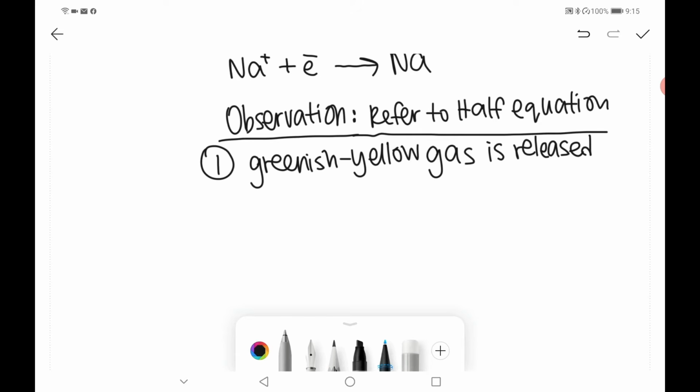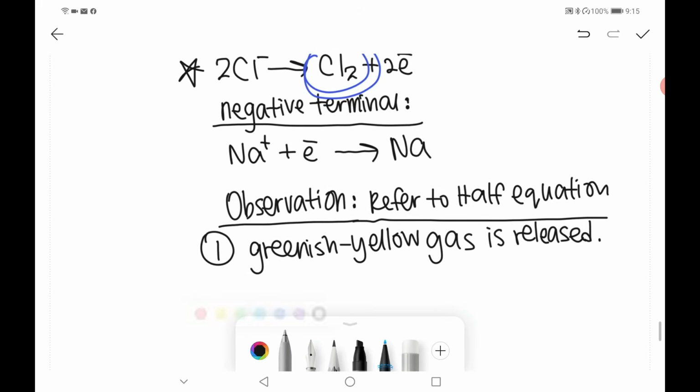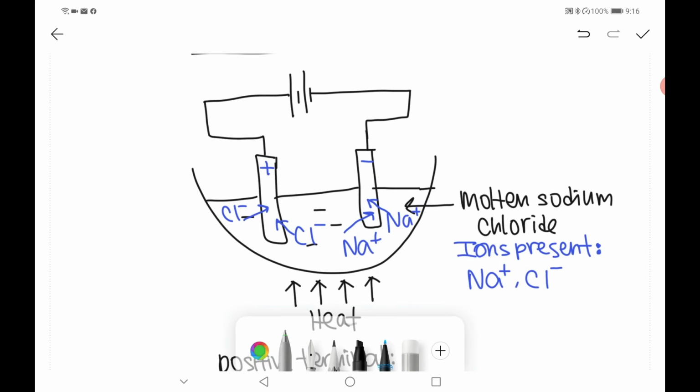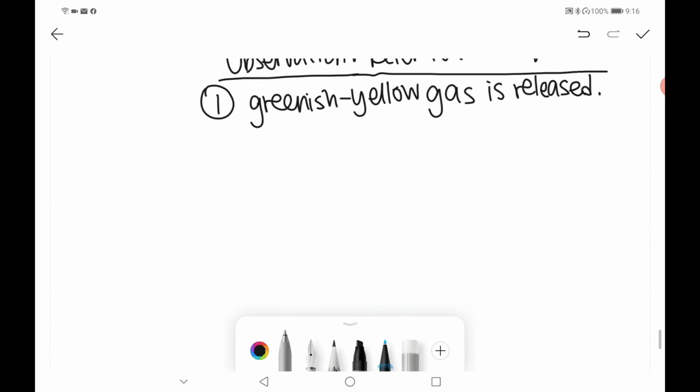Use the word release, it is better. So when we have a gas, better you mention the gas is being released. When you do the experiment, you will see some green color gas come out. The green color gas is chlorine. So that is the observation.